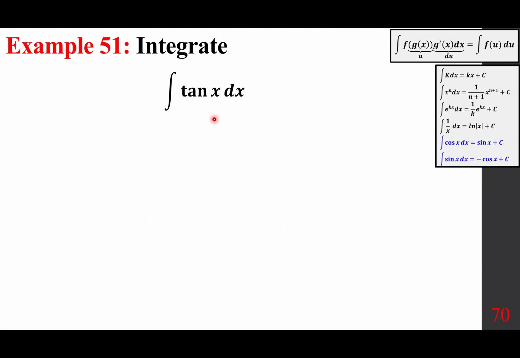What is the integral of tan x dx? We don't know. What do? We rewrite it as sine over cosine.